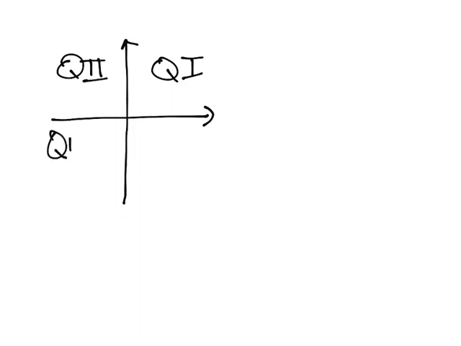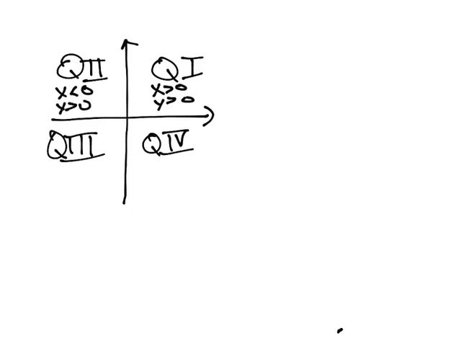They talk about the 4 regions in the rectangular coordinate system as quadrants. Quadrant 1 is up here in the upper right-hand corner, and in quadrant 1, your x-coordinate and your y-coordinate are both positive. In quadrant 2, your x's have turned negative, but your y's are still positive. Down here in quadrant 3, x and y are both negative.